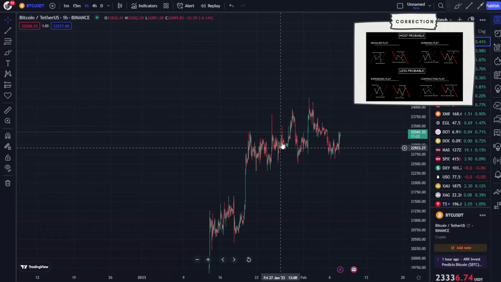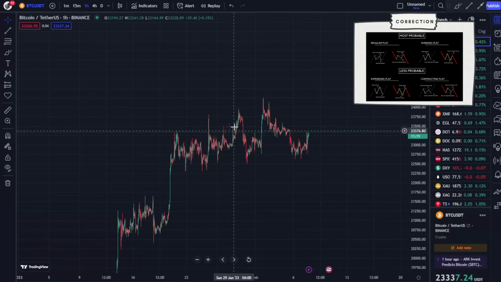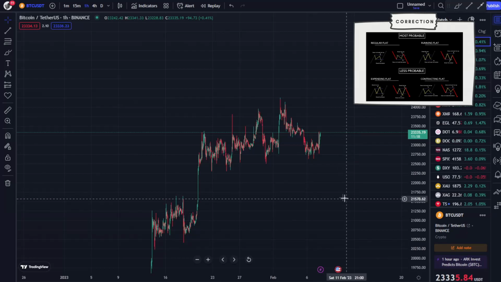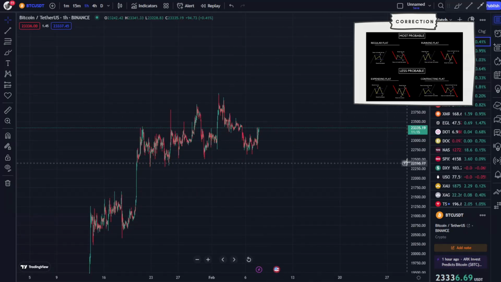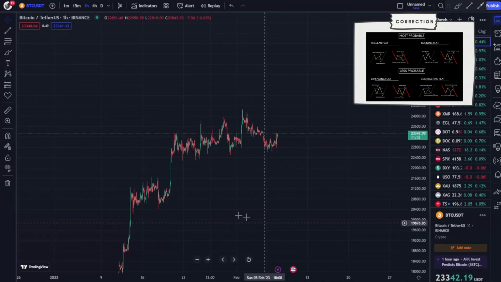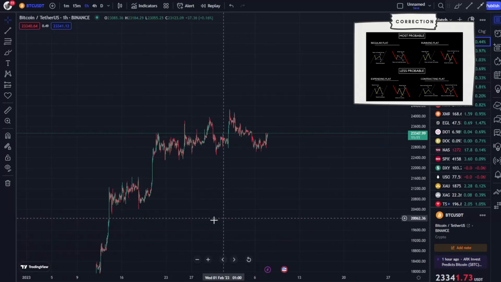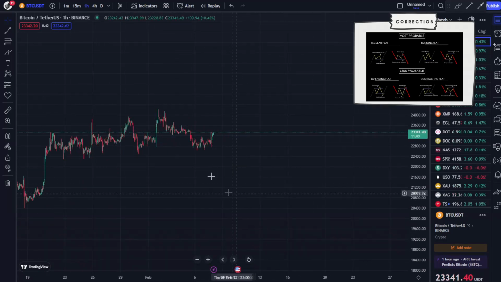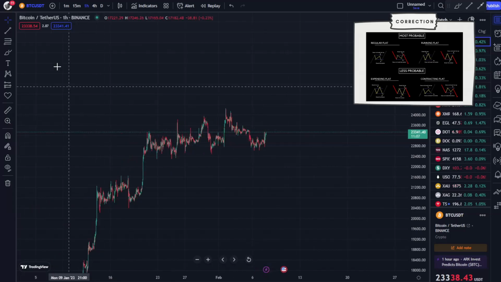Okay, so running flat or contracting or expanding, either way this is your top, so no need to talk about this one more. In both cases, like I said, it's the top, so that's what you've got to keep in mind.